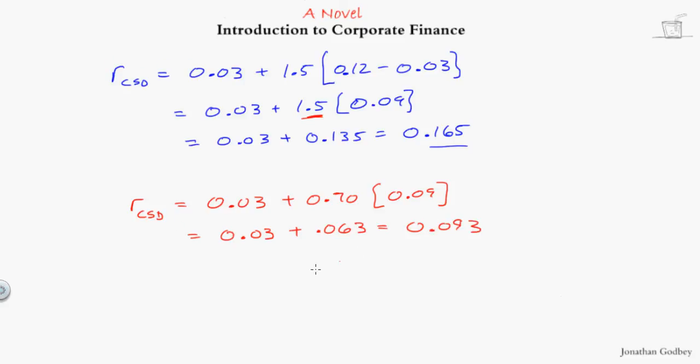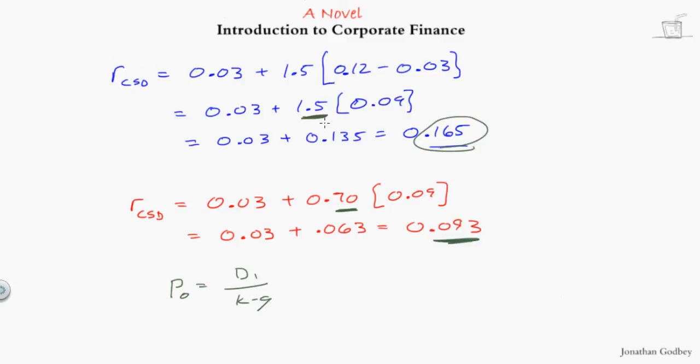So when I come through here and I want to do the price of the stock, if I want to say the price of the stock is equal to D1 over K minus G, this would be the K. If beta is 0.7, this would be the K if beta is 1.5.